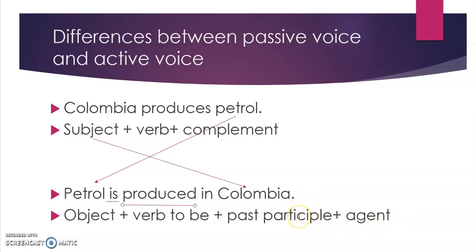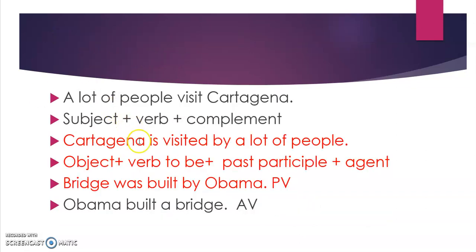Okay? So I will show you some examples because in that way you can understand a little more. Okay, if you see this sentence, a lot of people visit Cartagena. This is a normal sentence, like you know, in present simple, this is an active voice, yes?